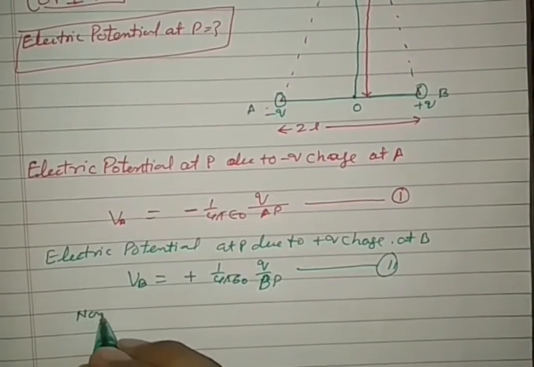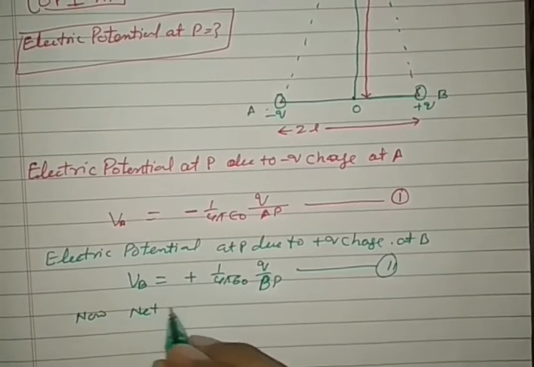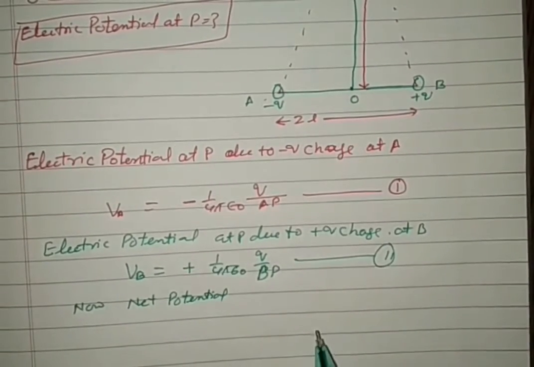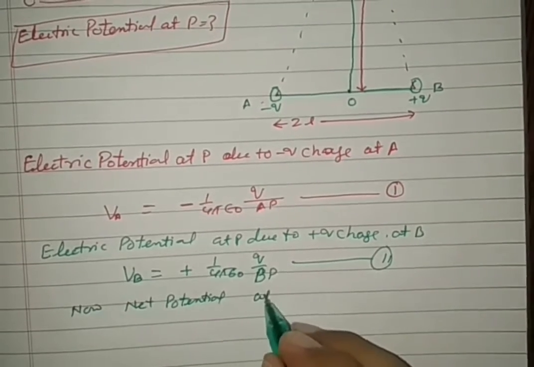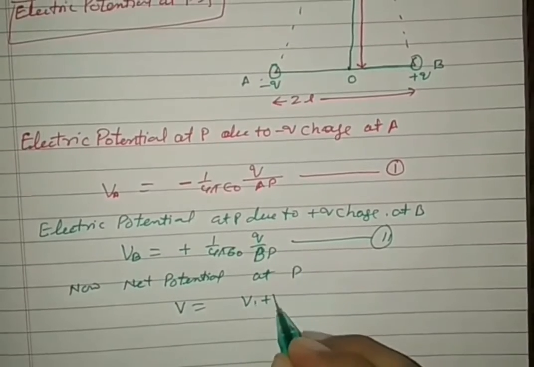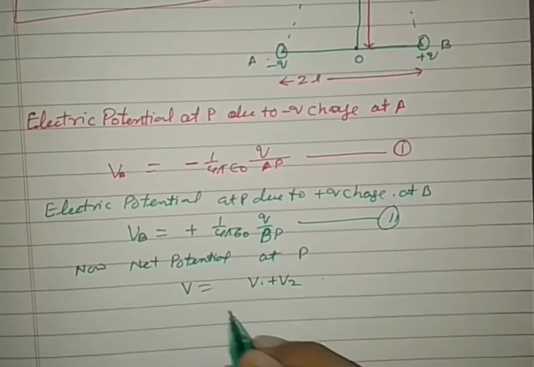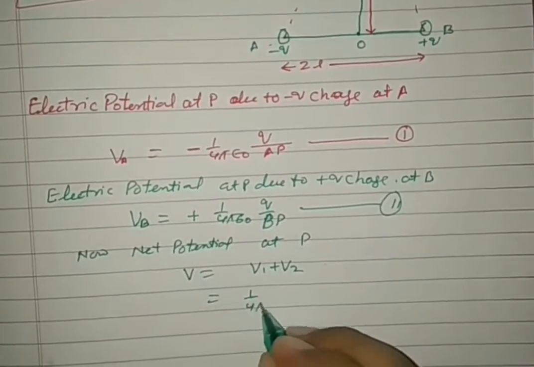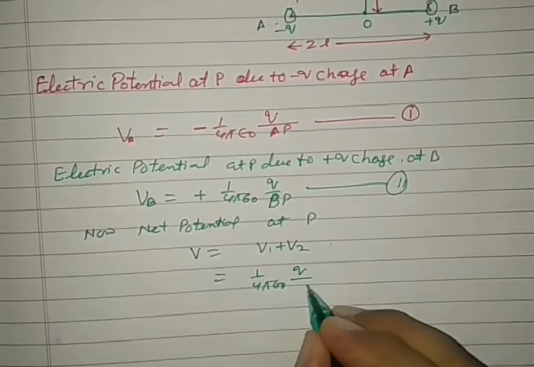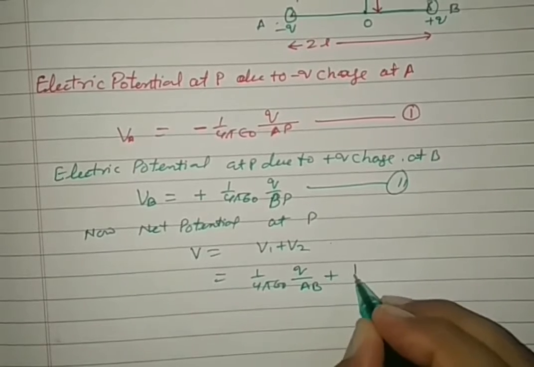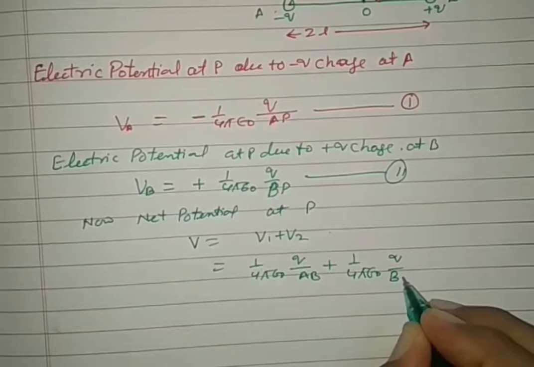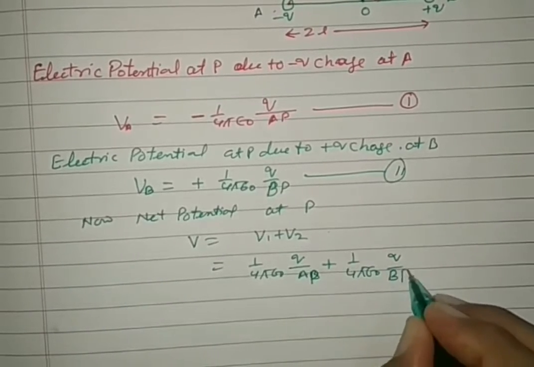Now the net potential at P, V, is equal to the algebraic sum of both potentials, and it is equal to 1 upon 4 pi epsilon 0 times Q upon BP plus 1 upon 4 pi epsilon 0 times Q upon AP, with VA negative.